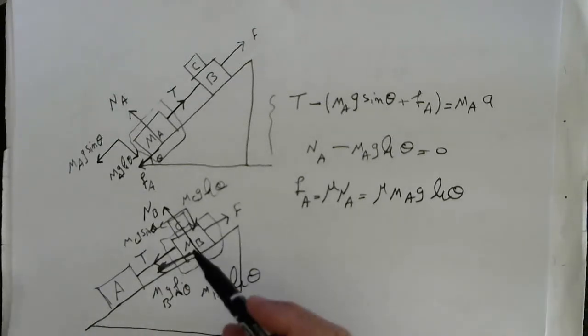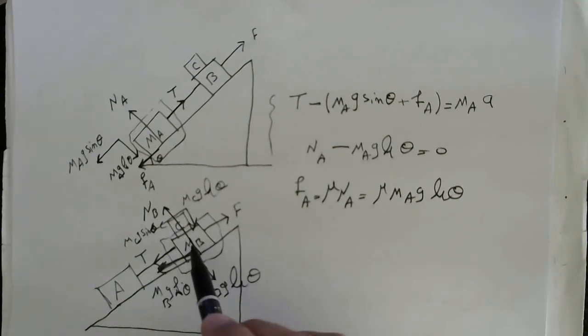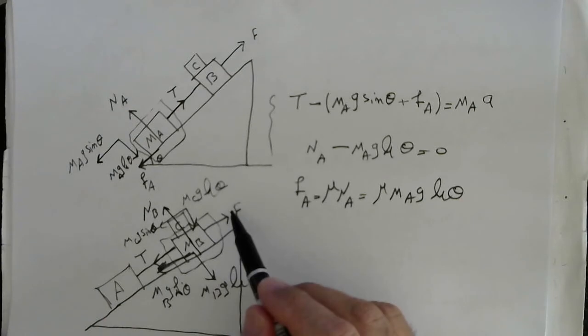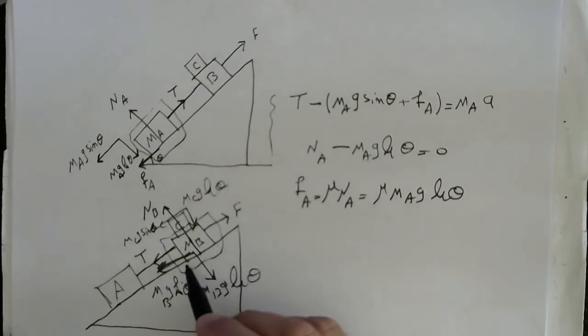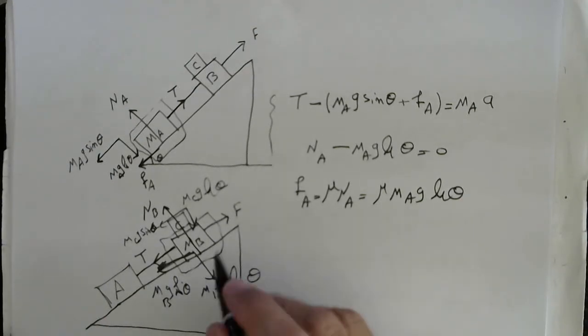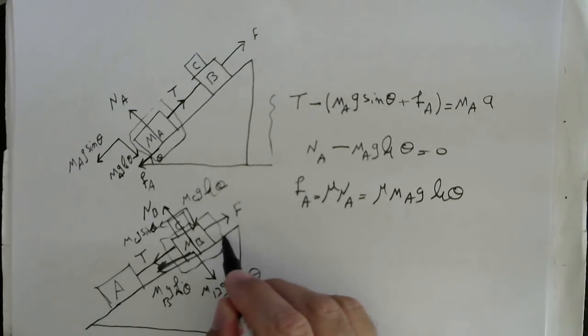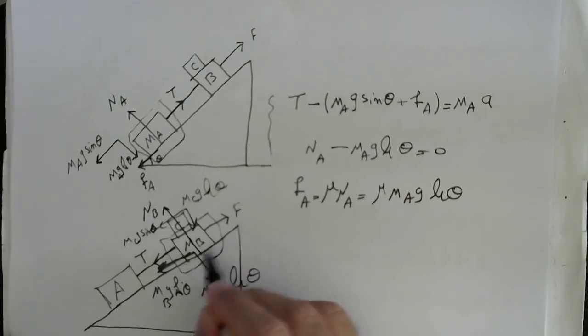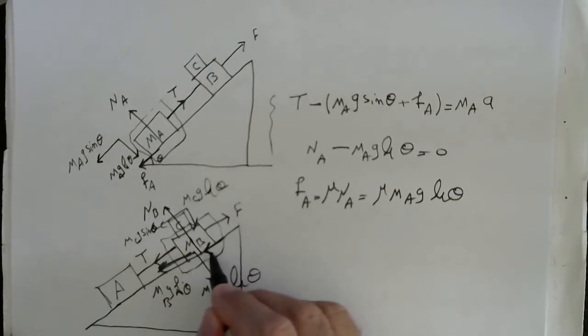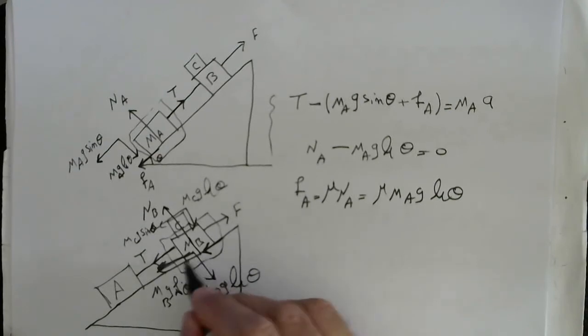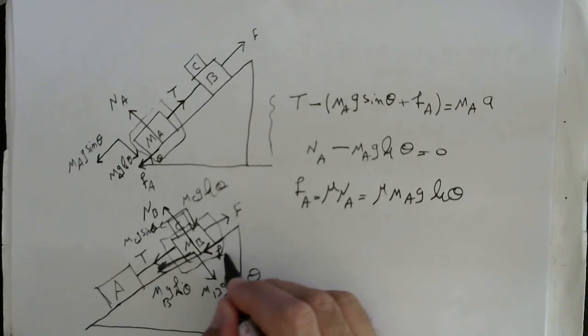So it is not considered as a force for system B. Also, because the movement is in this direction, there is a frictional force, which we call F_B, just to be separated from the rest, between the surface of B and the inclined plane.